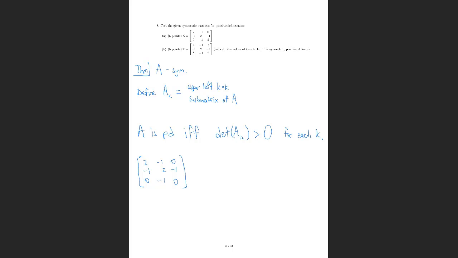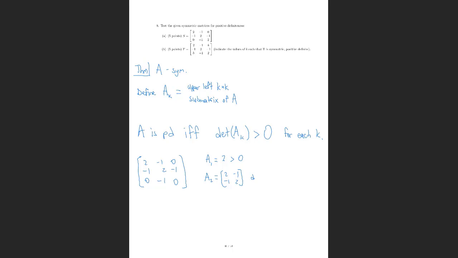A1 would be the 1 by 1 upper left submatrix, so it's just this scalar 2, which is positive, so that's good. Now A2 will be the upper left 2 by 2 matrix, so 2, minus 1, minus 1, 2.